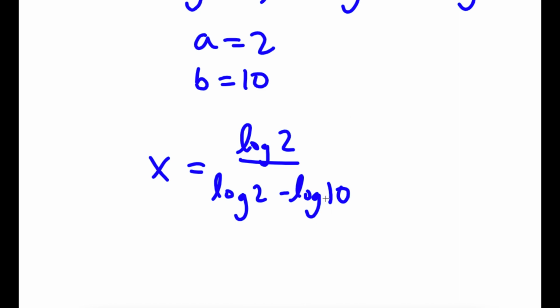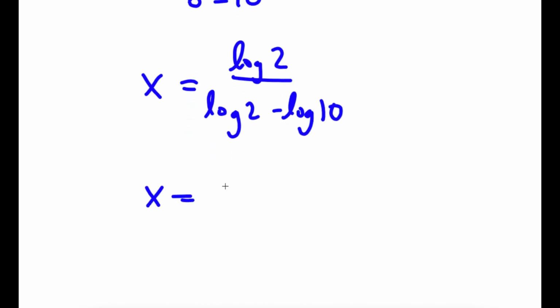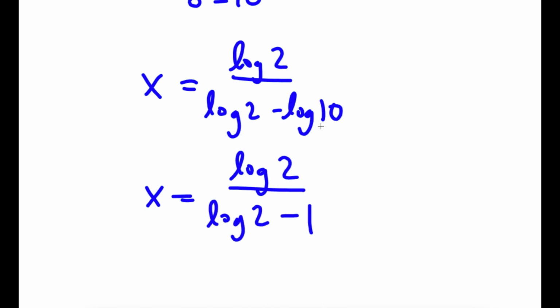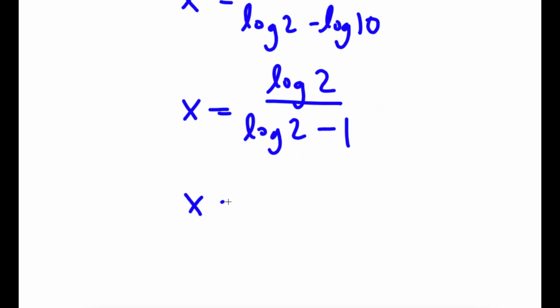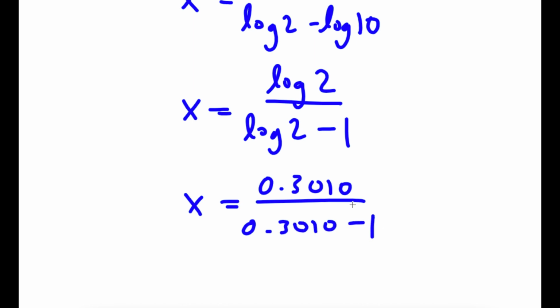Now, log 10, as we all know, is simply 1. So I have x is equal to log 2 over log 2 minus 1. Now, log 2 is equal to 0.3010. So I have 0.3010 over 0.3010 minus 1.